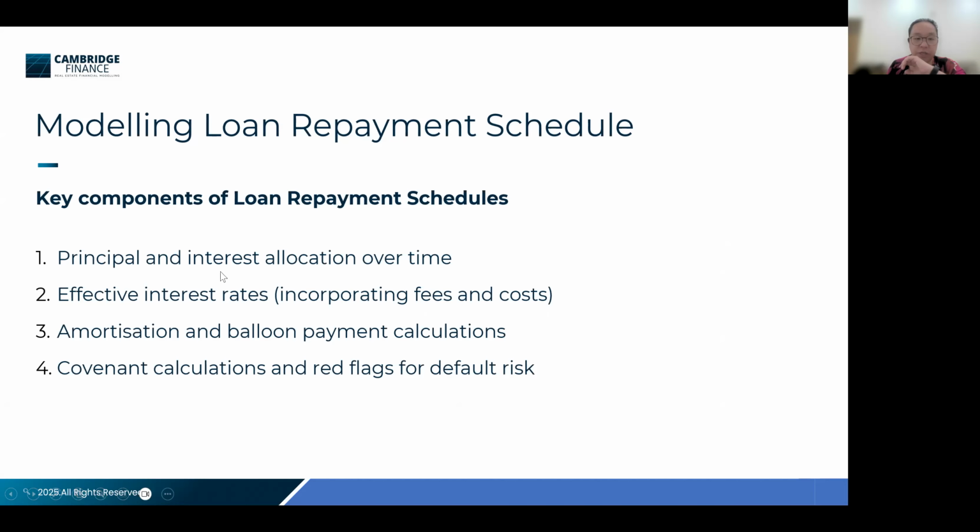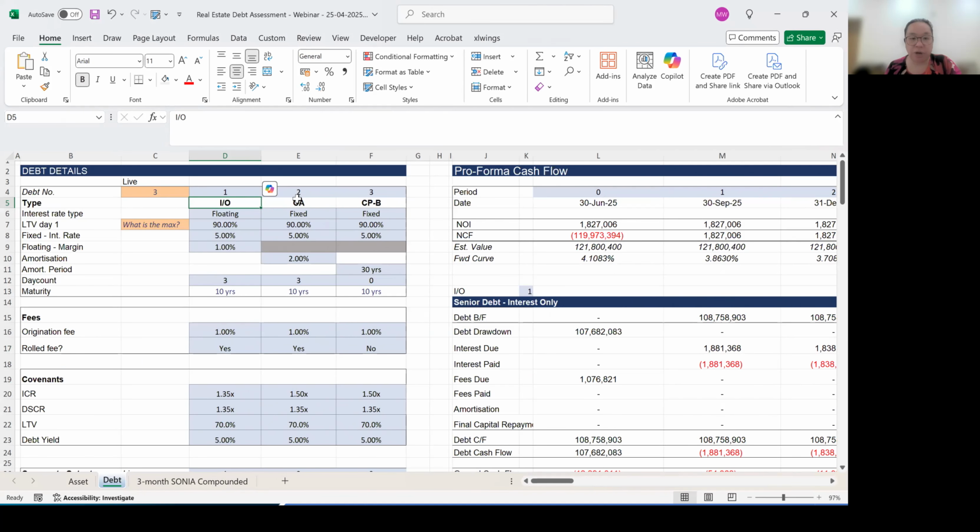So to find out the principal allocation over time, I need to find out what types of debt there are. So we model here the interest only, constant amortization, and constant amortization with a balloon payment, which is like amortization over 30 years, but you're going to pay here over 10 years. Okay, so you need to have this flexibility of changing.